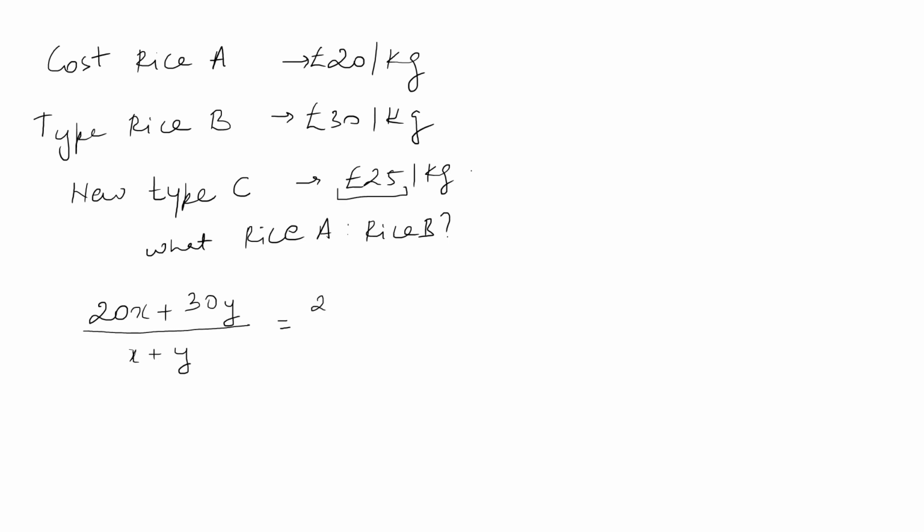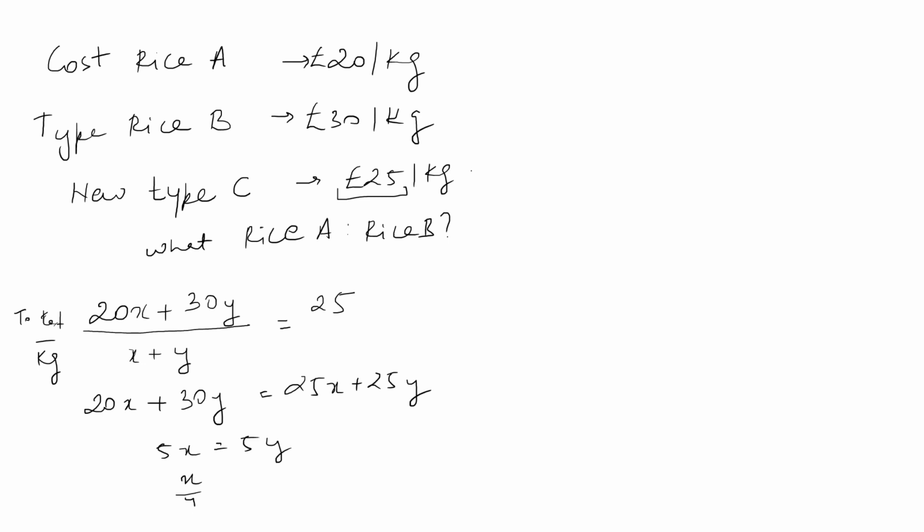So this is like a simple average problem, where this is the total cost divided by total kg, and that is 25 per kg. Then you normally just cross multiply, so you will have 20x plus 30y is equal to 25x plus 25y. That gives you 5x is equal to 5y. So your x by y ratio is 1 by 1.